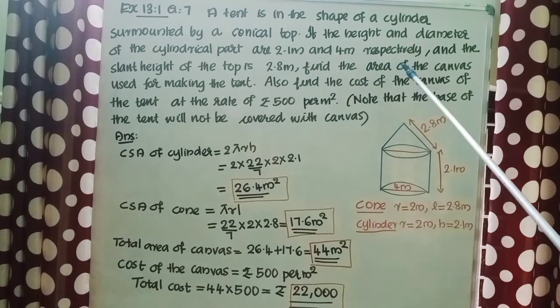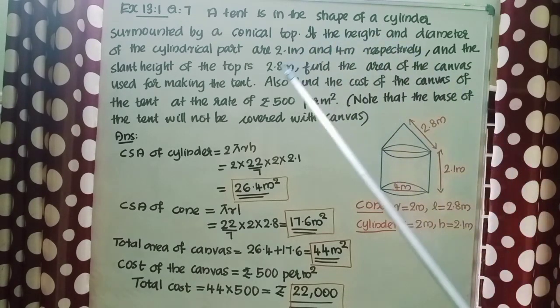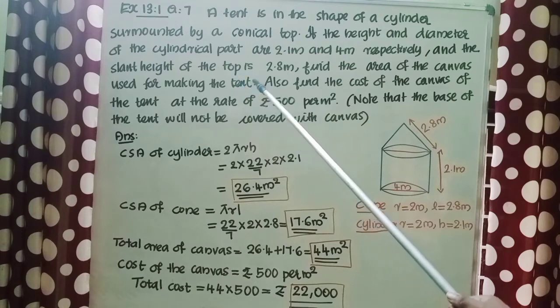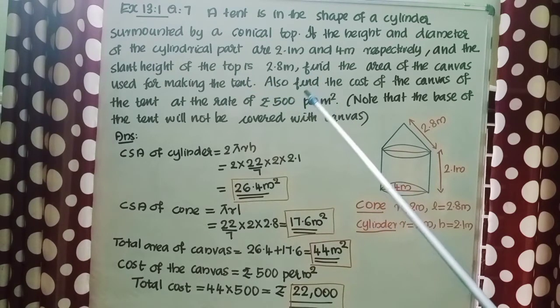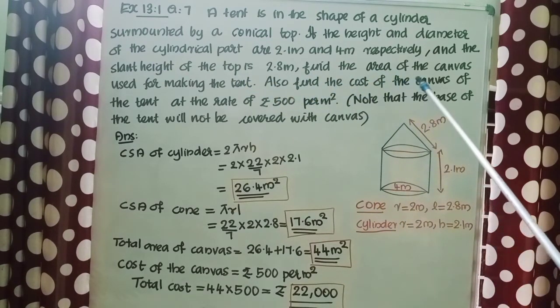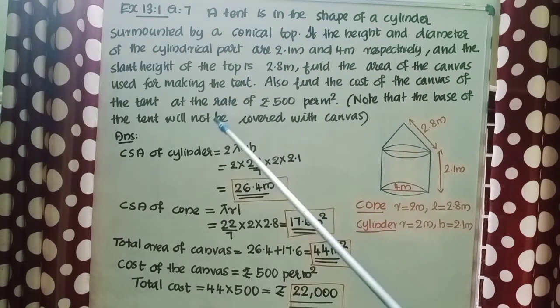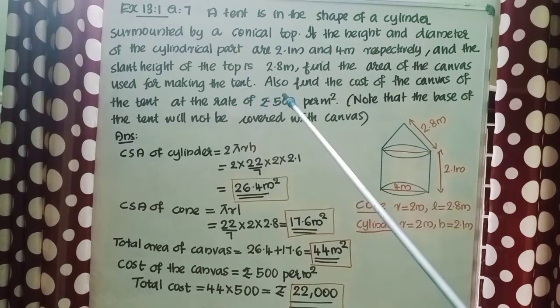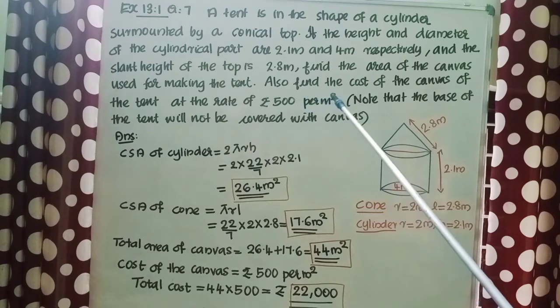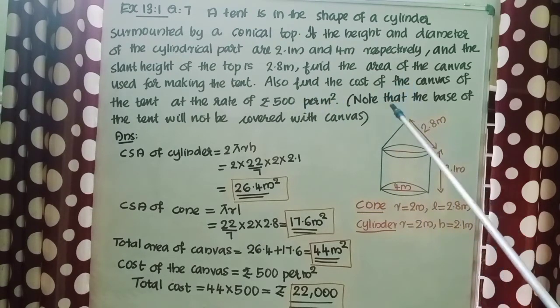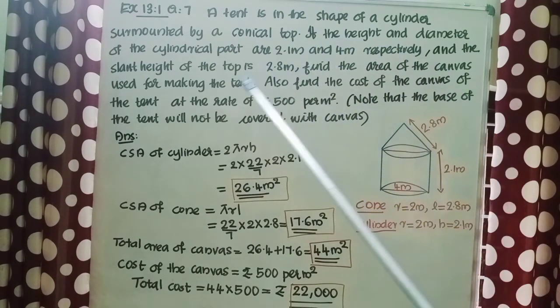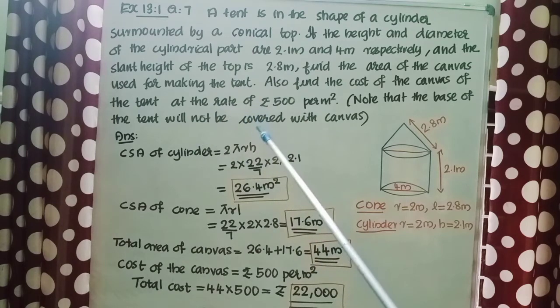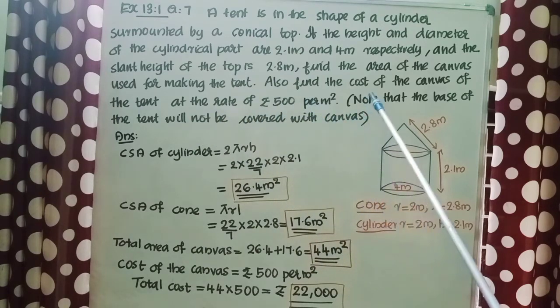Find the area of the canvas used for making the tent. Also find the cost of the canvas of the tent at the rate of rupees 500 per meter square. Note that the base of the tent will not be covered with canvas.